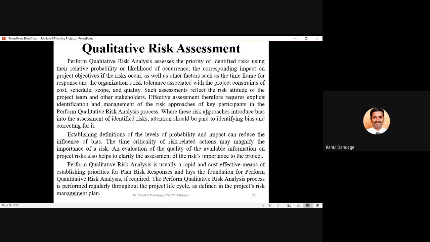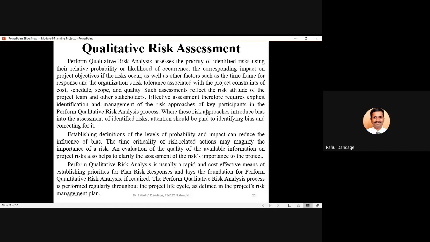Such assessment reflects the risk attitude of the project team and other stakeholders. So once you do this qualitative risk assessment, we will come to know the risk attitude of your project team as well as the risk attitude of all the stakeholders about this particular project.